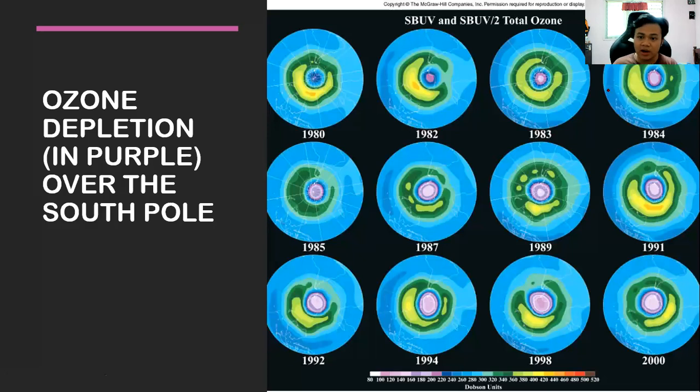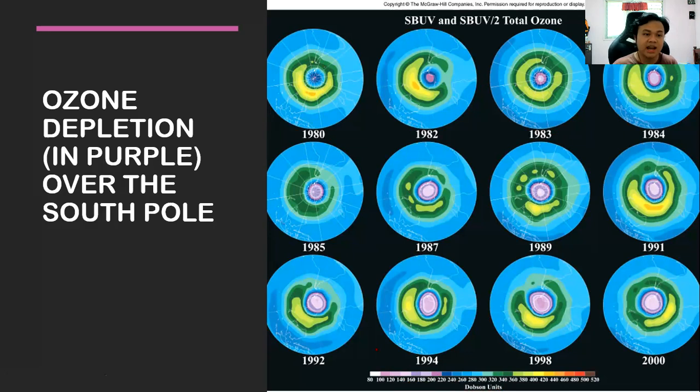Next is ozone depletion in the atmosphere. Through the years, the ozone concentration of the atmosphere is measured in Dobson units. Dobson units. If you see the purple here, it means the concentration of ozone in that area is low.